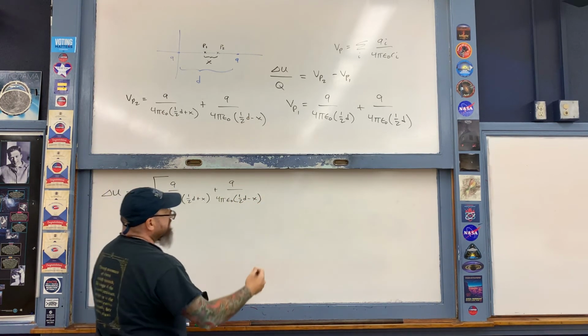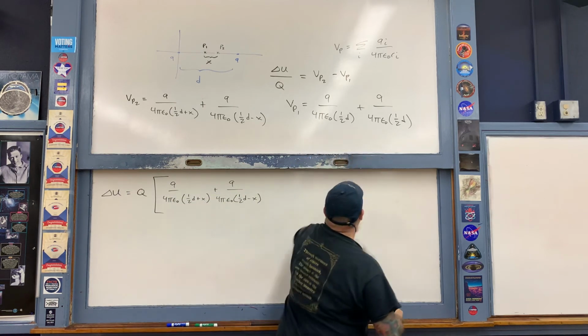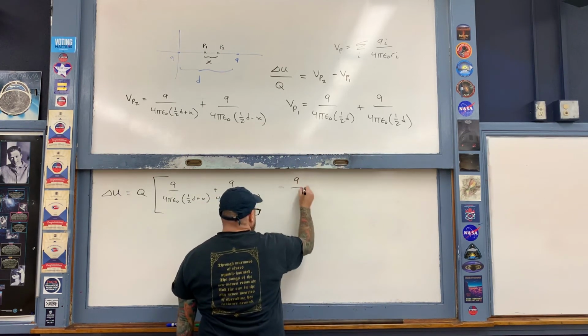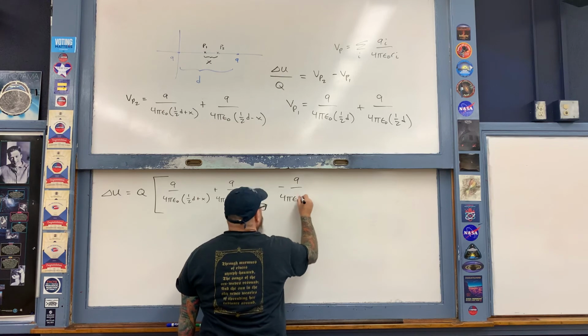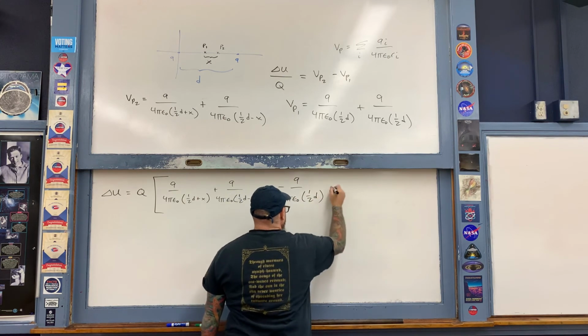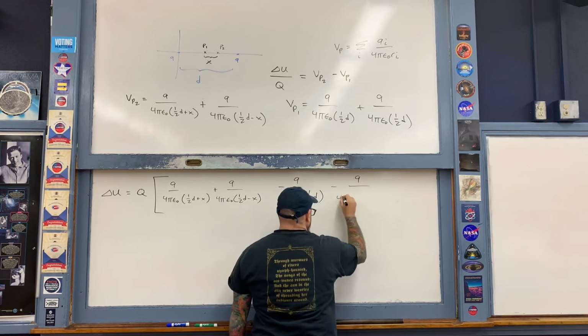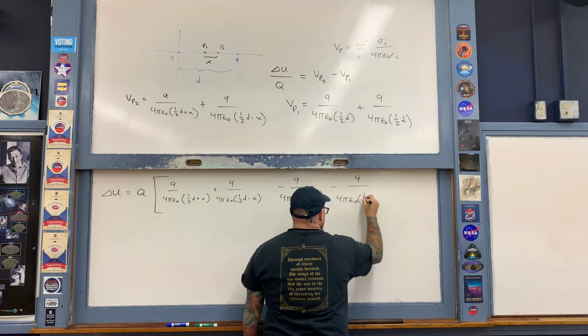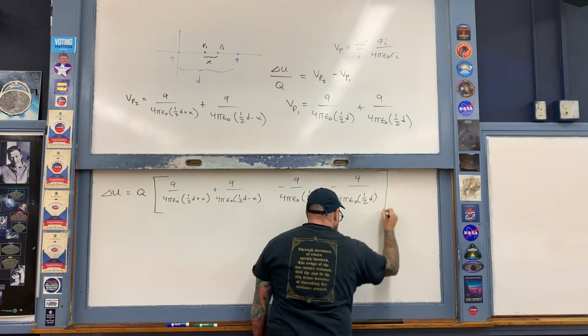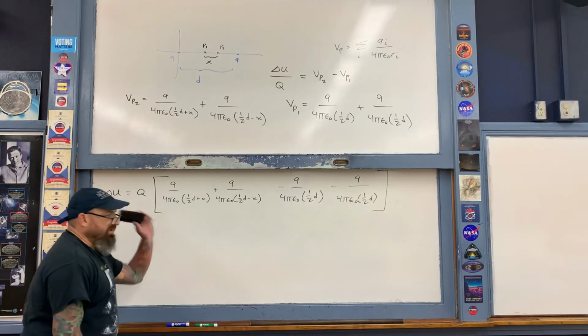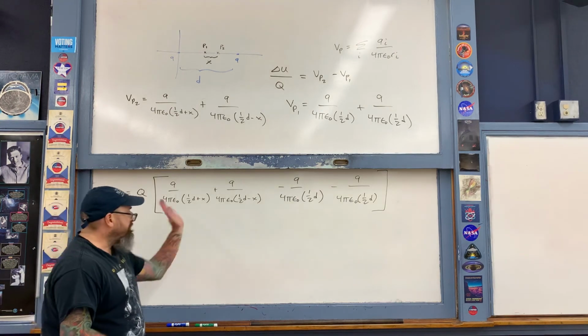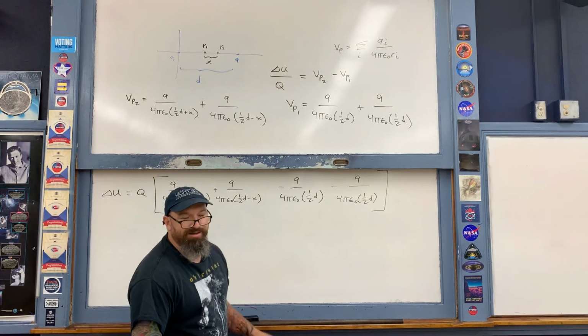Okay, and then minus VP1, so minus each term. Like so. And then if we wanted to simplify further, we could, but leaving it like that, quite frankly, is good enough.